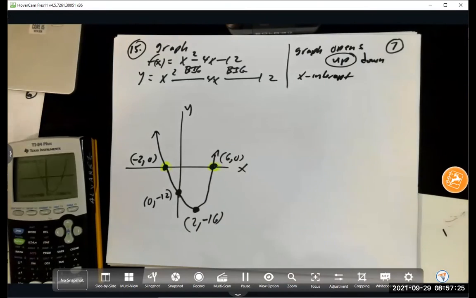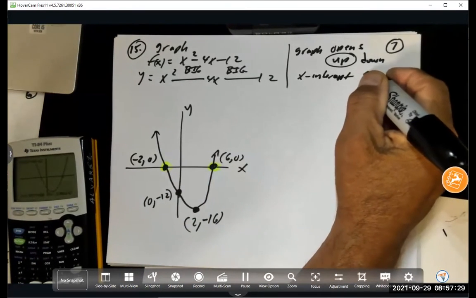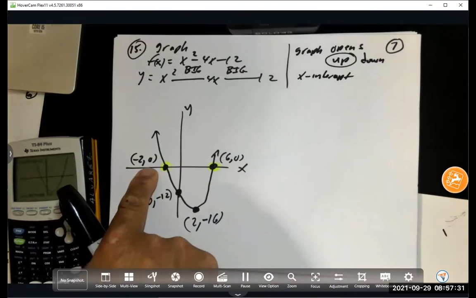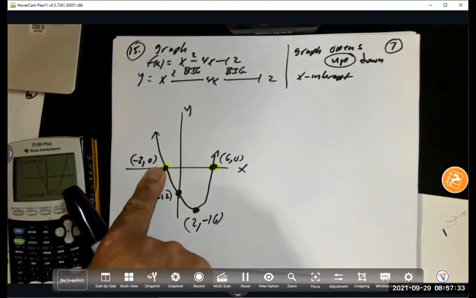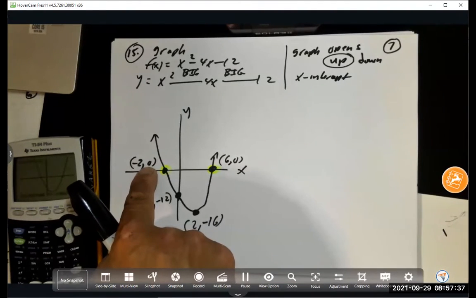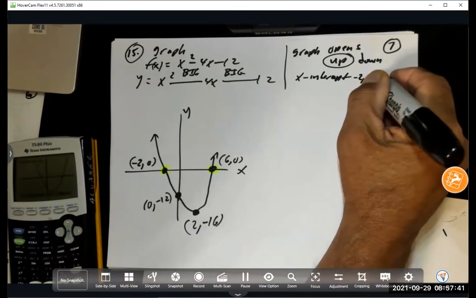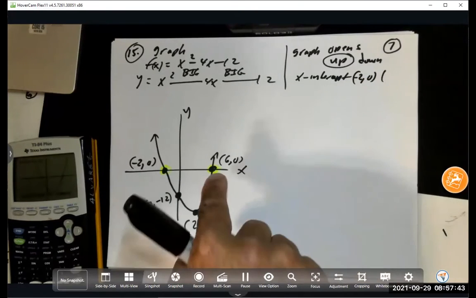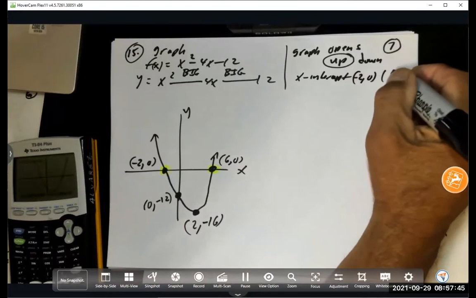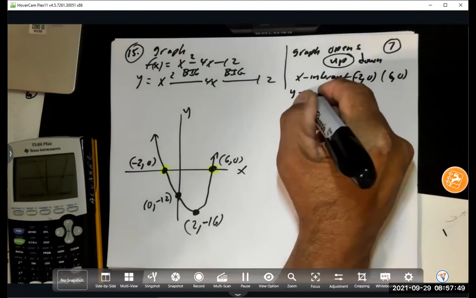So the X-intercepts cross right here. Give me the numbers. What is one X-intercept? It would be -2, 0. Yes, that's one of them. What else? And 6, 0. 6 and 0.